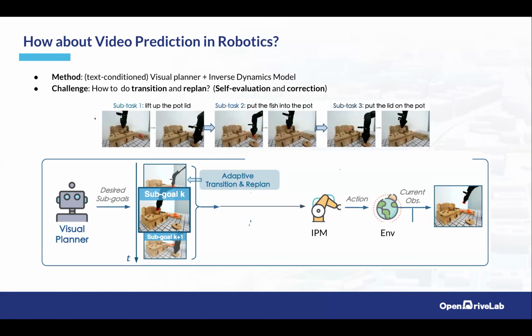In this task, we have relatively long-horizon tasks, and we need to use large language models or other models to divide these tasks into subtasks. But how can we determine if our video prediction is finished, or when we should replan the video?